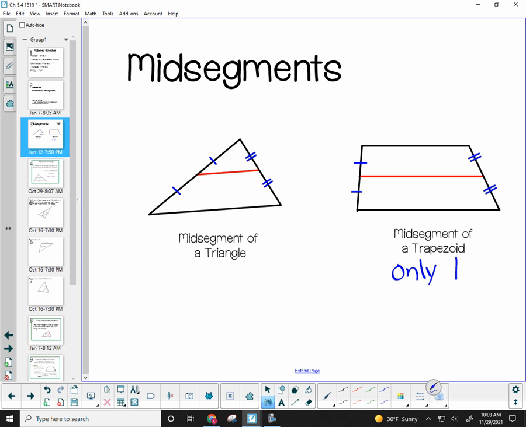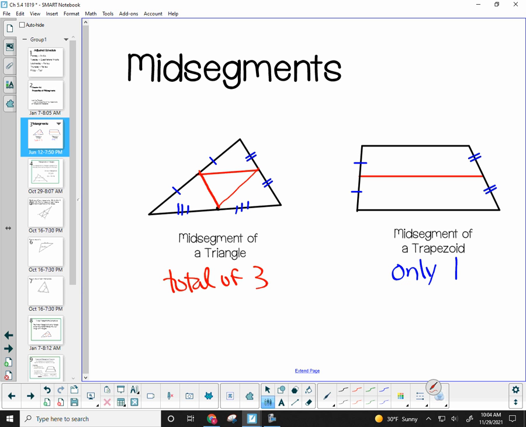For triangles, though, I have one drawn in, but keep in mind, I could find the midpoint of this missing side here, and I could draw in 2 more mid-segments. So there are a total of 3 mid-segments in every triangle. Every triangle has 3 mid-segments. Every trapezoid only has 1.